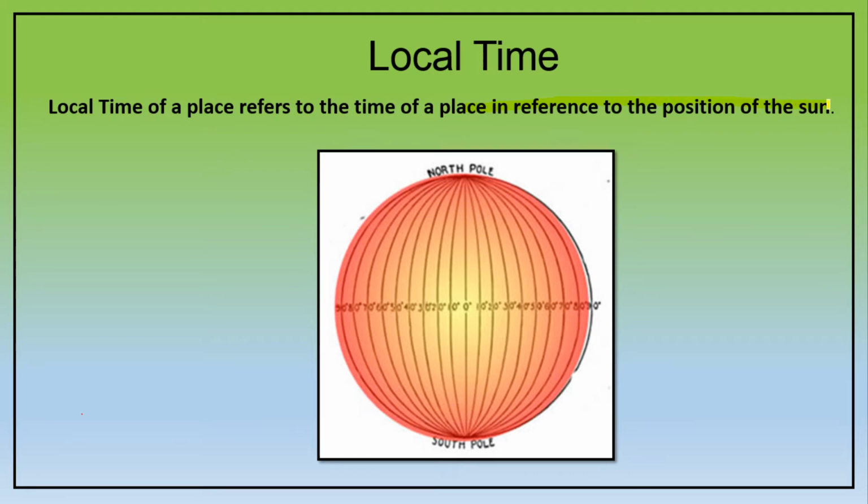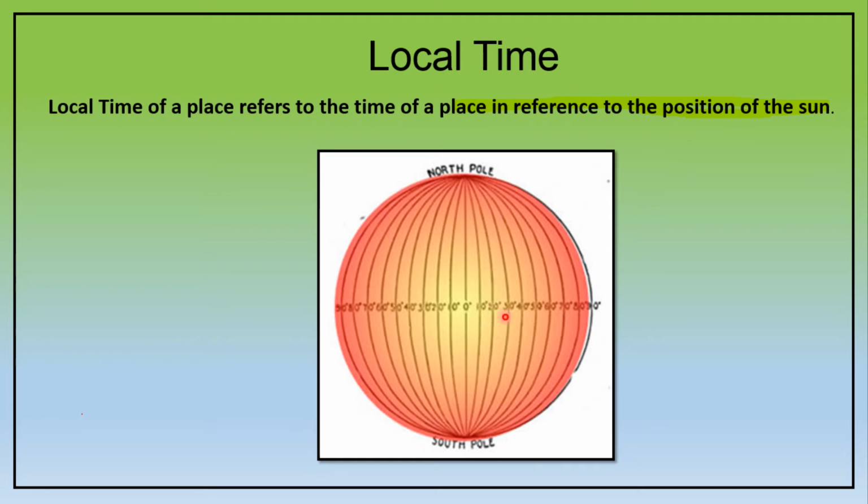Local time is the time of a place in reference to the position of the sun. When we look at this diagram, we find that the longitude is mentioned. Suppose this is the 30-degree longitude.